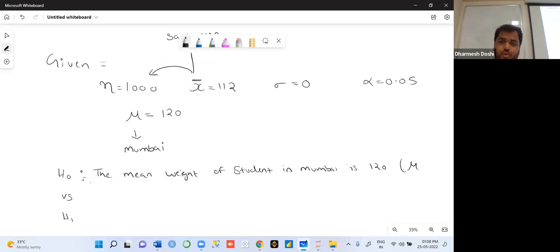So can I say mu is 120? Versus H1: the mean weight of students cannot be 120. Same thing you have to copy paste. The mean weight of students in Mumbai cannot be 120. Means it is not equal.